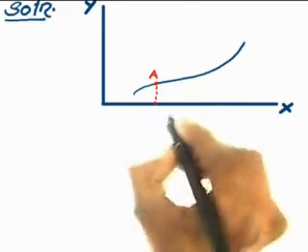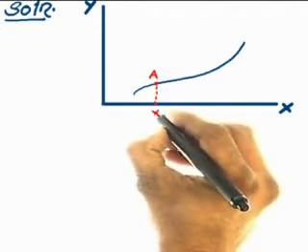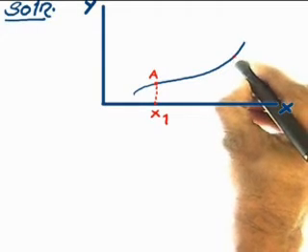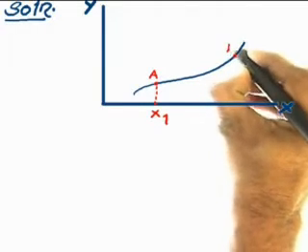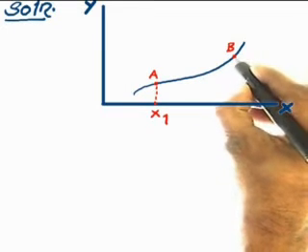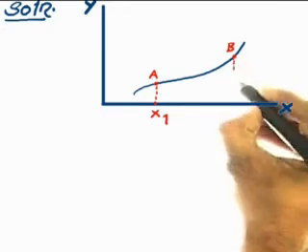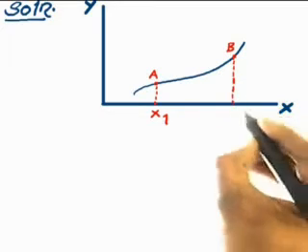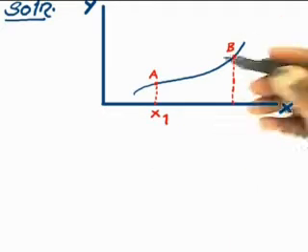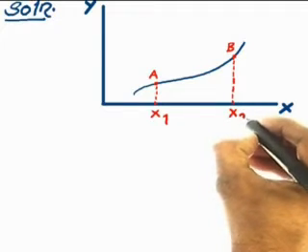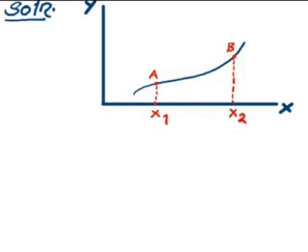The x coordinate of its position is say x1, and there is another position B. Consider it as the final position in our example. The x coordinate for this second position of the particle is say x2.